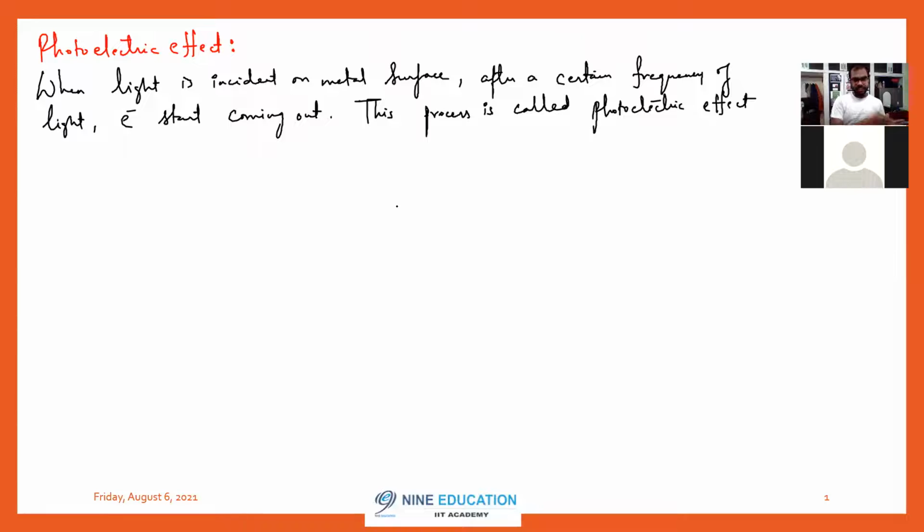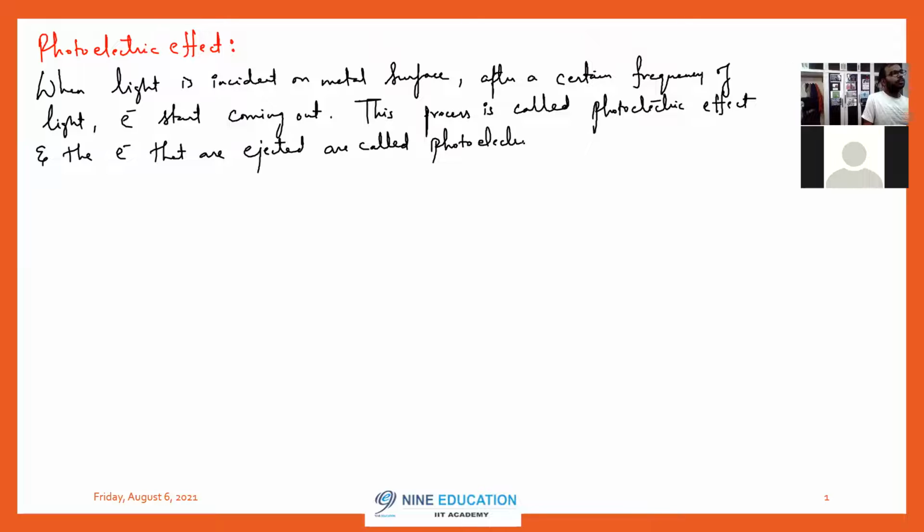Similarly, when light is incident on a metal, the electrons that come out of the metal are called photoelectrons because they are caused due to photons. Got it? Till here, I have just given you the introduction of photoelectric effect.